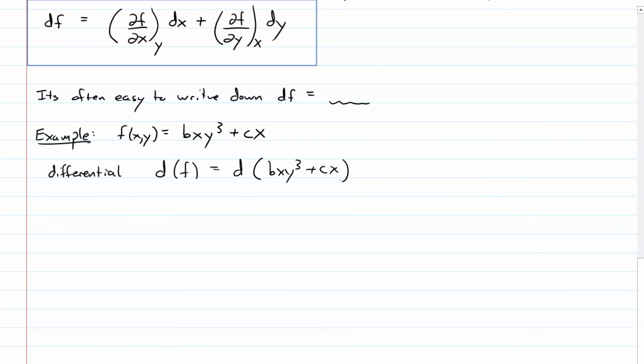So you can think of d as being like something that measures a small change. It's kind of confusing. I'm not writing the derivative with respect to anything. I'm just looking at a small change. But this thing obeys all of the same rules as a derivative. In particular, it obeys the product rule and the quotient rule, etc., right?